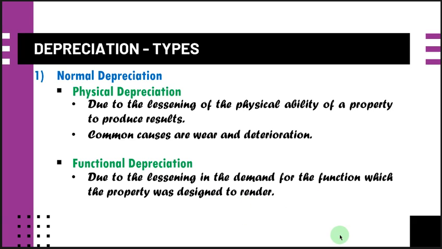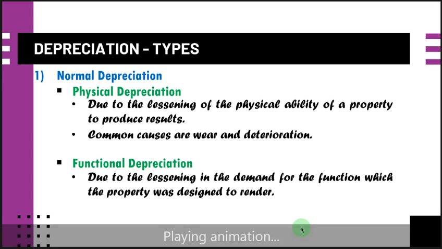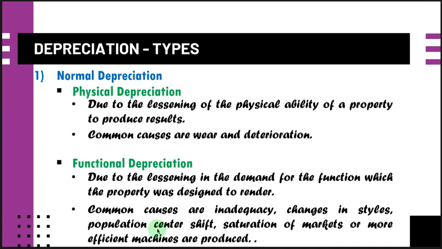Okay, so proceeding, another definition is we have here the common causes are inadequacy, changes in styles, the population center shift, the saturation of markets, or more efficient machines are produced. So this is true, no?